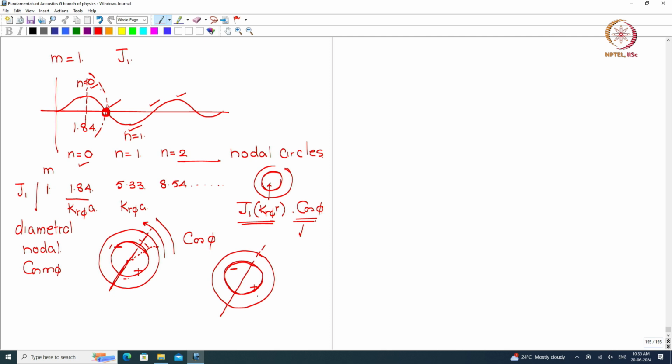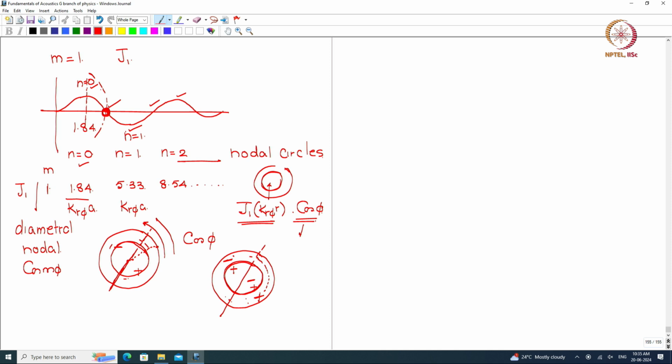So this will become a plus, this a minus, this a plus, and this a minus. I start off with a plus, I move around, I cross the diametral nodal line, I become a minus. I cross this again, I'm back to plus.